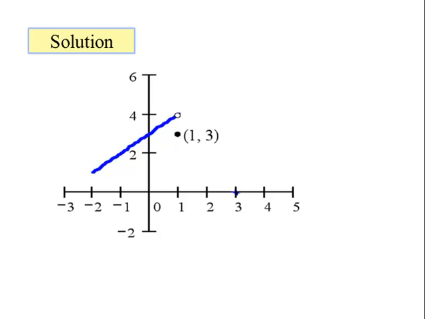And then for all numbers greater than 1, we use the second piece of the function, which is negative x plus 3, which gives us this bottom piece. And we should add an arrow to this graph to tell the reader that this is going on to infinity.